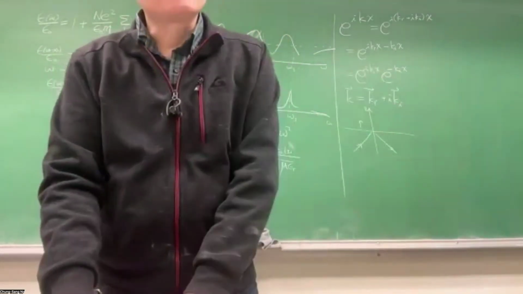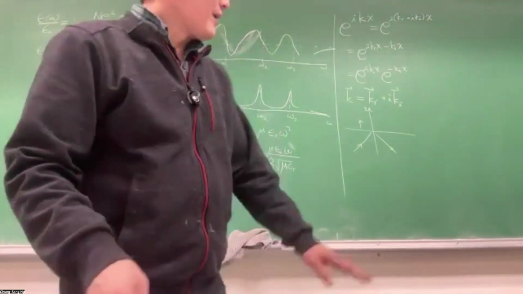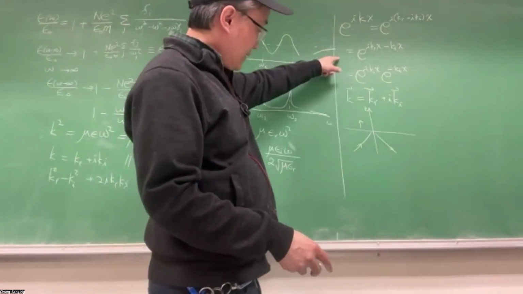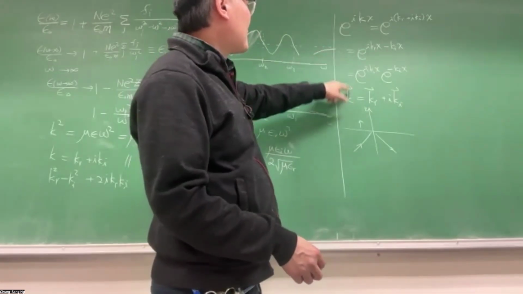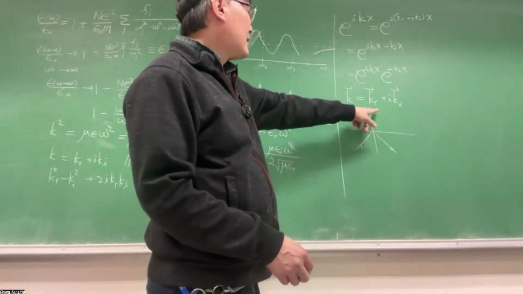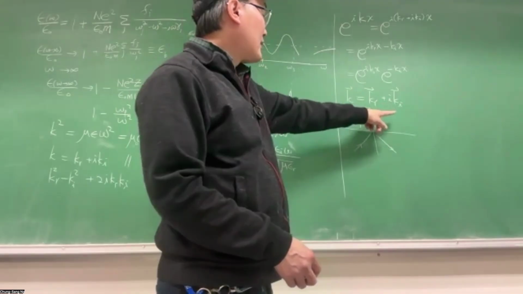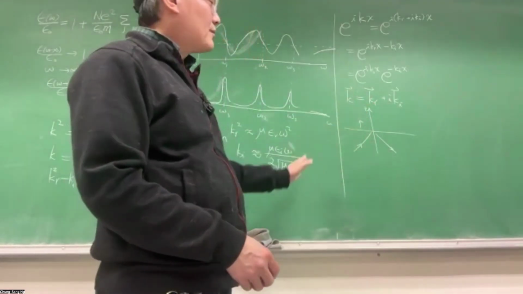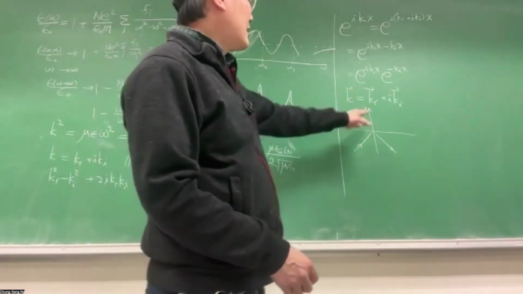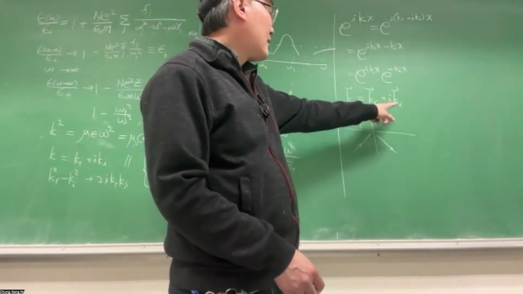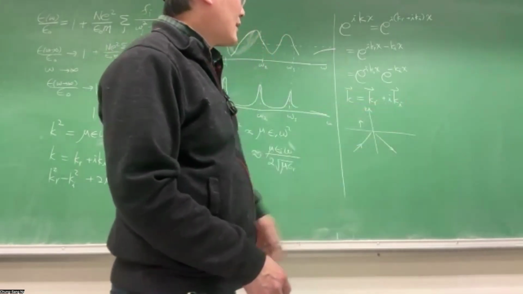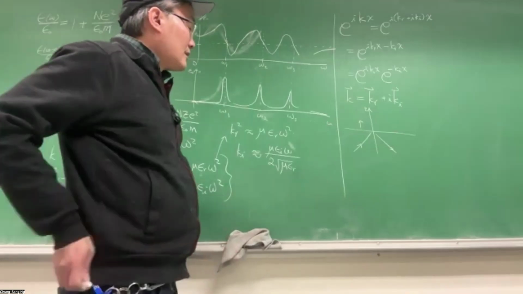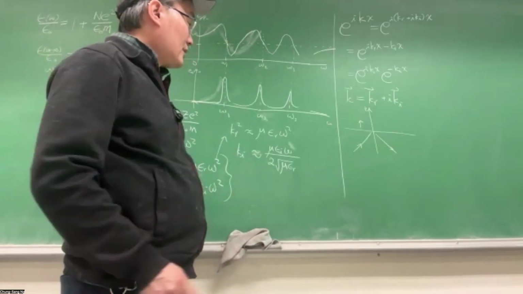Is it clear enough? We did a similar substitution, and we showed that these two vectors must be perpendicular to each other. The propagation direction is along k_R, and k_I is the decreasing direction, and these two are perpendicular to each other.